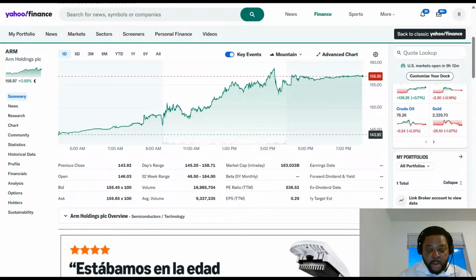Okay. PE ratio. How you get this number? This is the stock price divided by the earnings per share, which is right here. So whatever the stock is trading at, you would take that number, put it in the numerator. You would take this number, earnings per share, EPS, and divide it by 0.29, and you get the PE ratio.